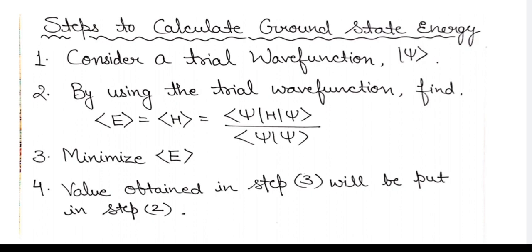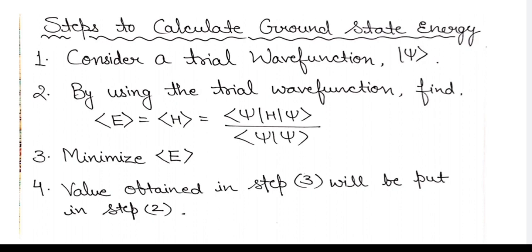One can be the normalization constant, the other will be the variational constant or parameter. Clear? So with respect to that variational parameter you have to do the partial differentiation in the third step for the expectation value of energy or Hamiltonian. Clear? And equate it with 0 and get the value of that variational parameter.